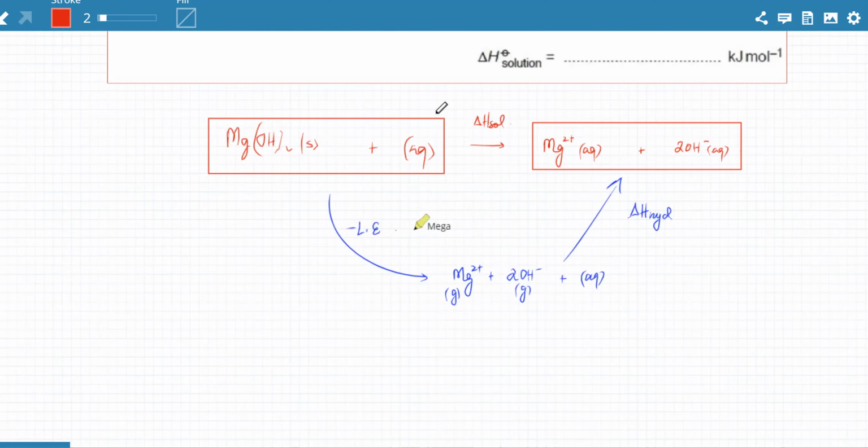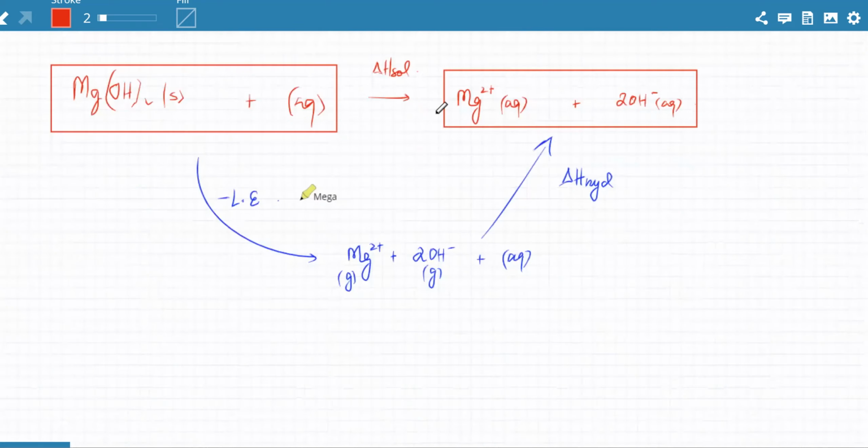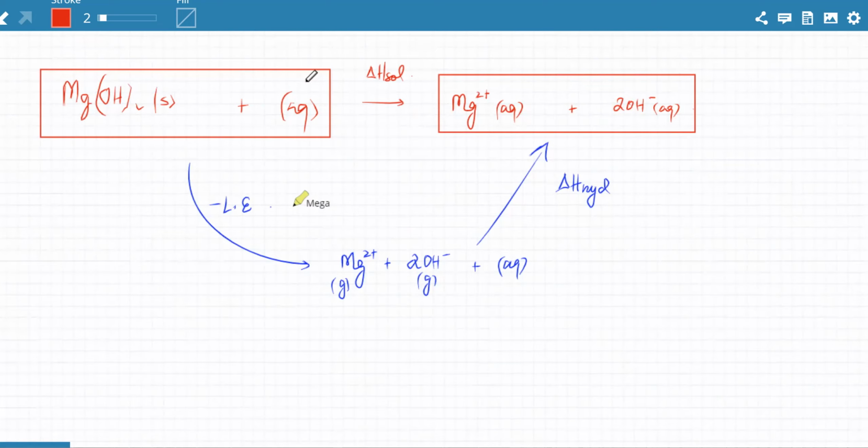lattice. Now the only thing you have to be careful about is, when you do this, the enthalpy of solution, that's 1 mole. You have to be careful about moles. So you're dissolving 1 mole of a substance, the enthalpy of solution for 1 mole, you're breaking 1 lattice, so that's fine. So going up in the table, I'm just going to look for the lattice energy of magnesium hydroxide.